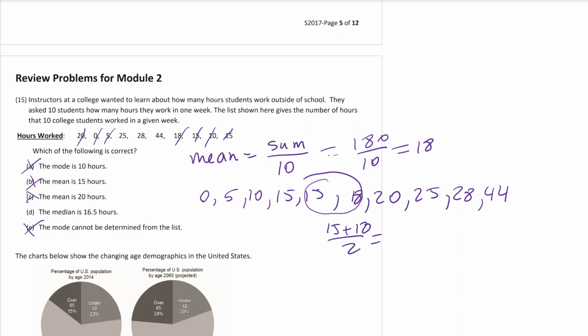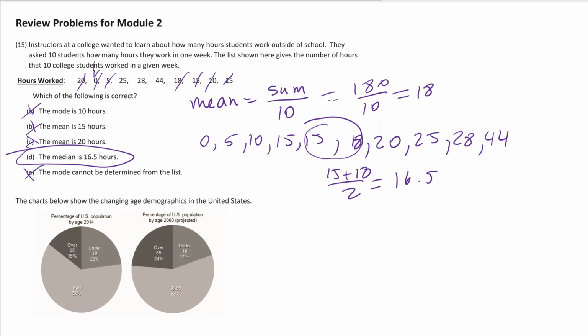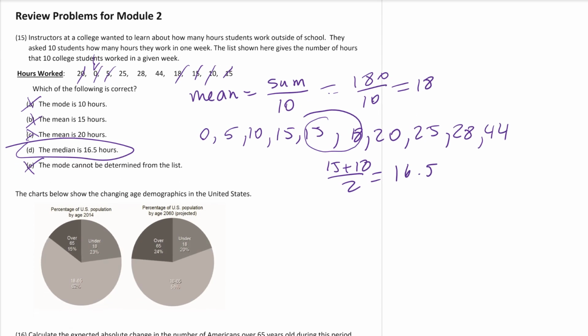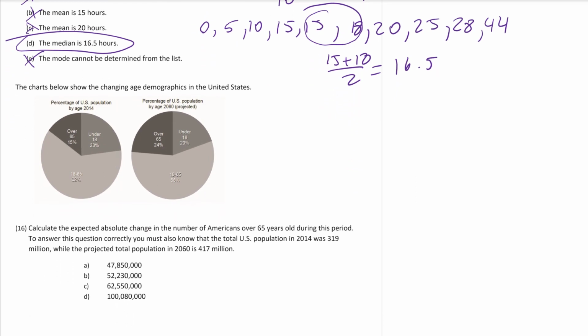So that will give us 16 and a half. So just to confirm that that's the answer. Alrighty, so nothing major here. You do notice that there is a presence of 0, so that can skew the data somewhat. Just as a reminder, the mean is affected by extreme observations.